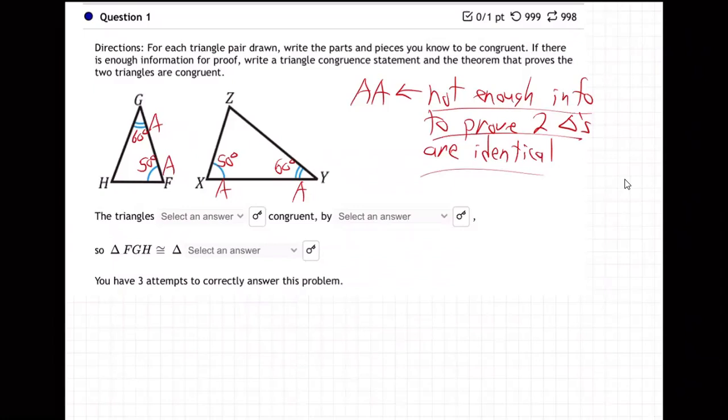So what are we going to say then? We're going to say the triangles are not congruent, and they don't even look identical, do they? Are not congruent by, and then here you just say not enough information, and then here you're supposed to say again not enough information because we can't prove those 2 triangles are identical. So that one's just not enough information. There we go.